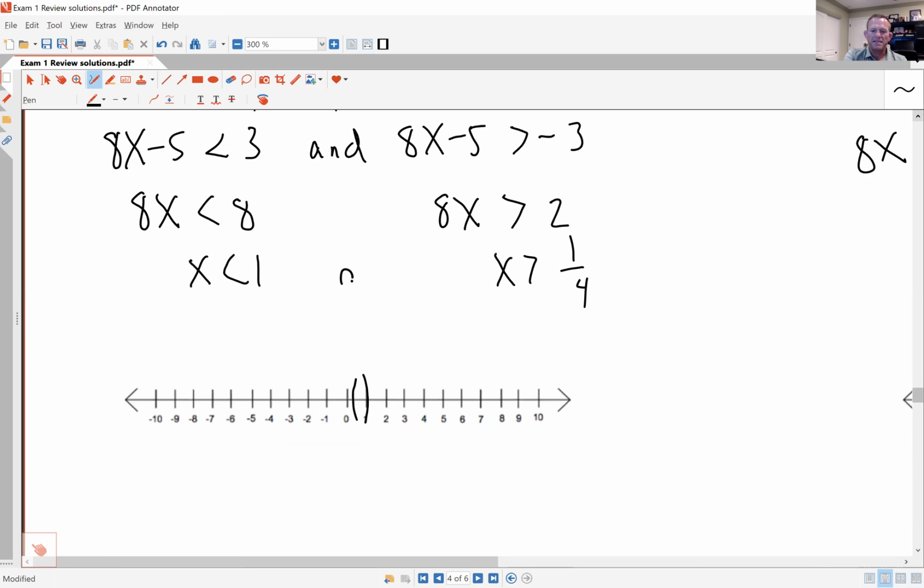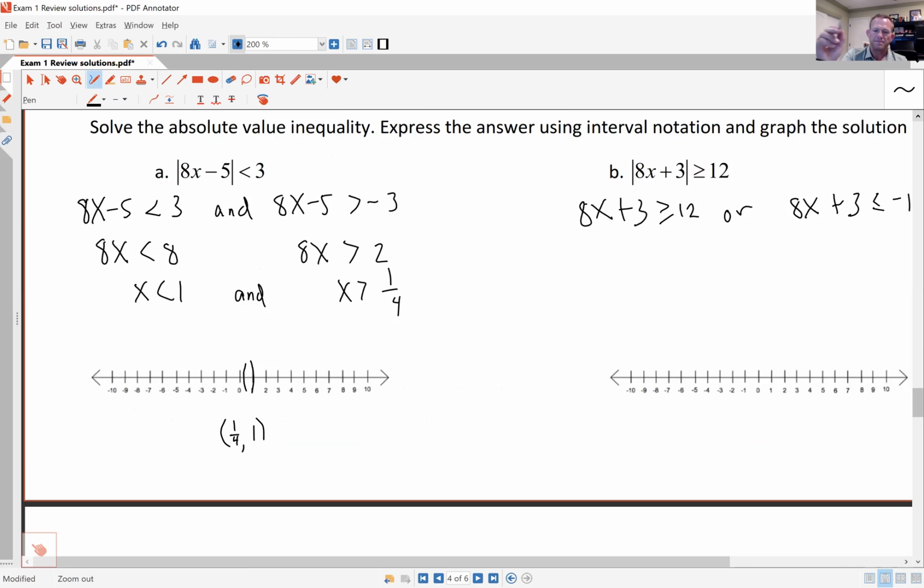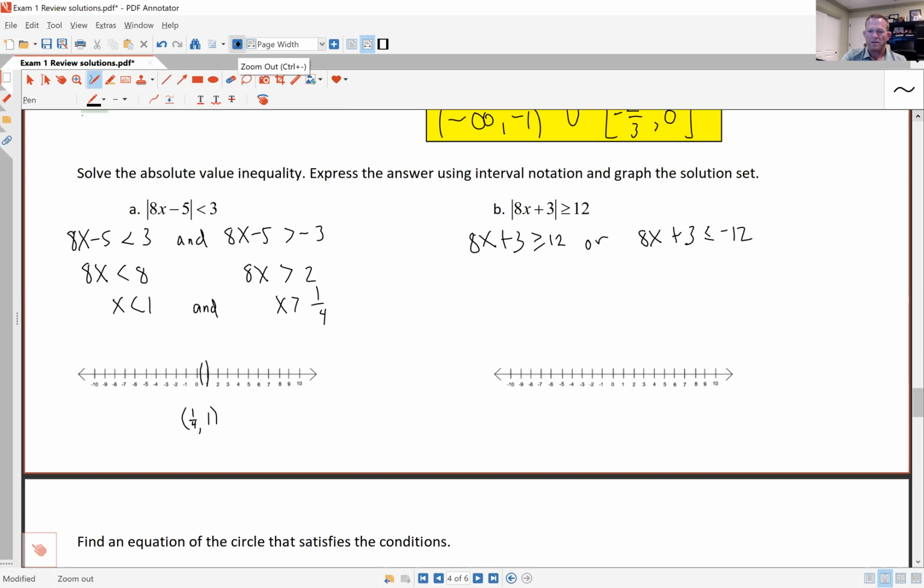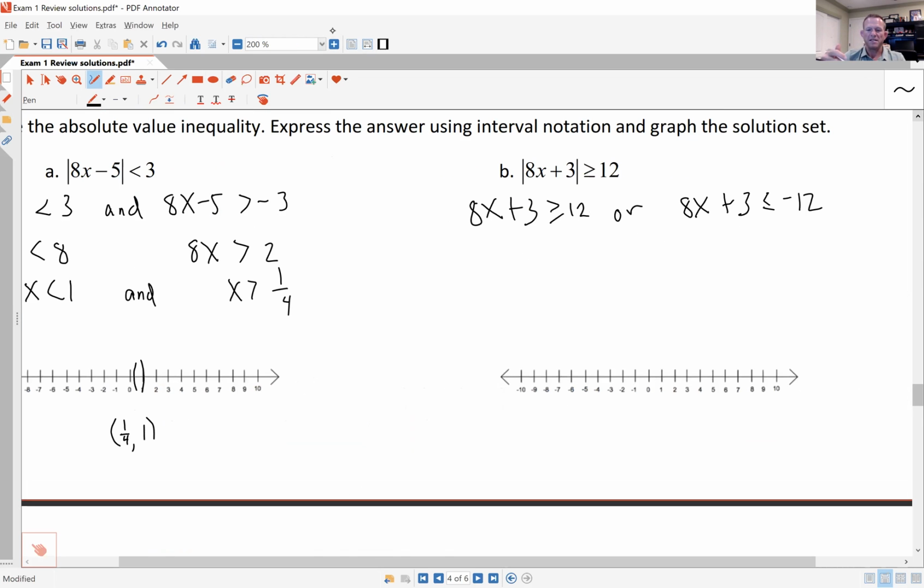So that's an AND statement. And then in interval notation, we have the left side 1/4 to the right side 1. Not using brackets on this one, just using parentheses. And notice again how they're pointing to the insides.